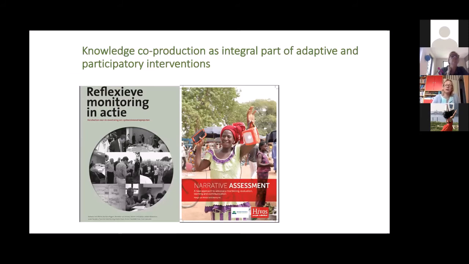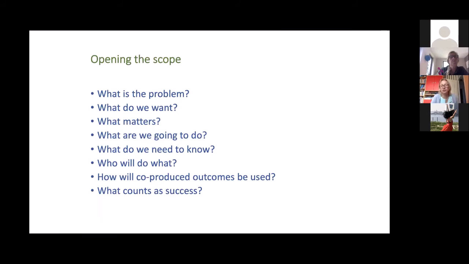And to avoid some of the risks that I've talked about, what is absolutely crucial is to open up the scope for deliberation and co-production, where each of the questions, and this is not an exhaustive list that I highlighted here, have to be collectively decided upon.